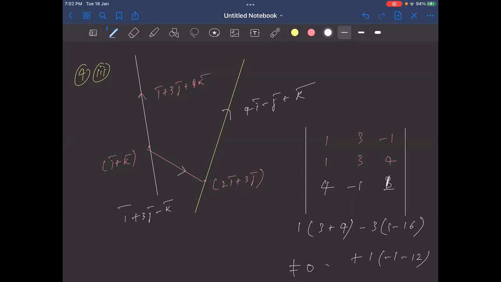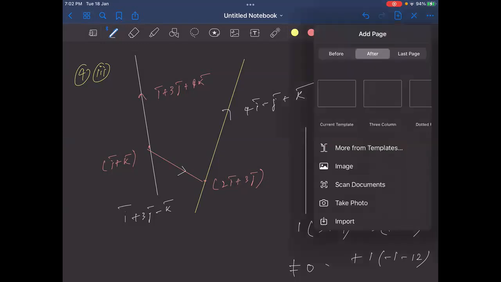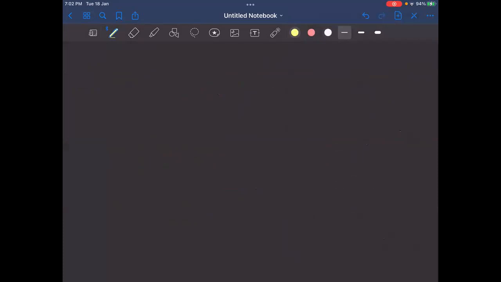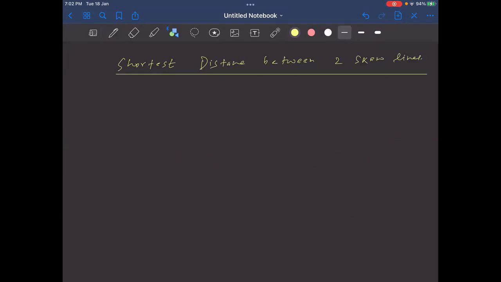How do we get the shortest distance between two skew lines? Once we check the line is skew or not, and once we get that the line is skew, then shortest distance will come as what? Between two skew lines we're talking about. We have this.